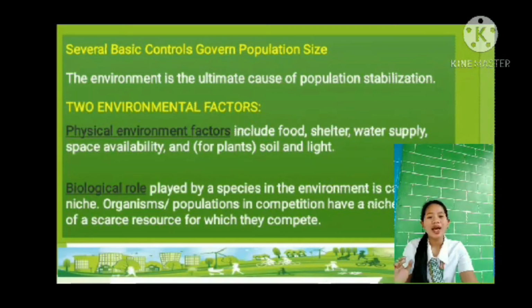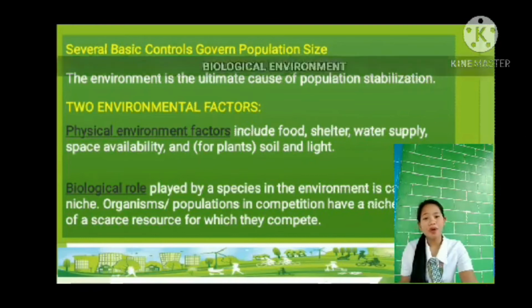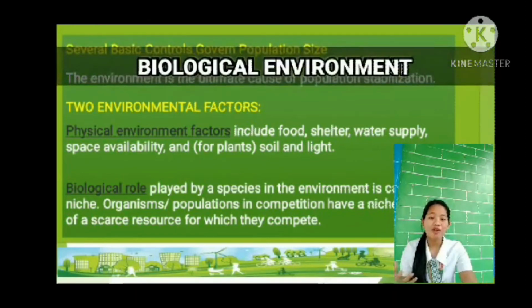From another point of view, biological environment involves niche overlap and competition. So what is niche overlap and competition? It is when different species use the same resources, for which they compete. So that is niche competition.